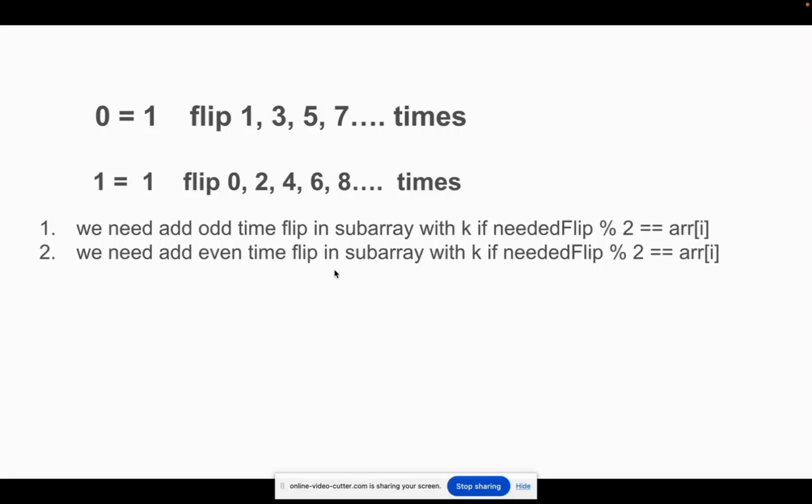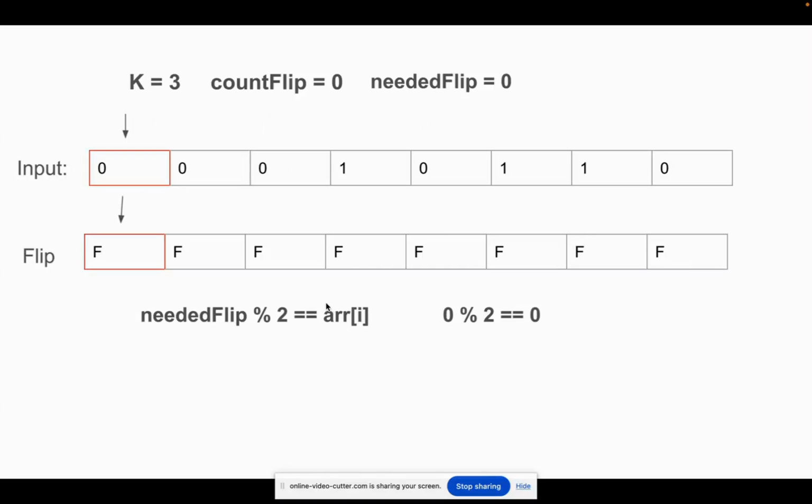Now, let's go to the next. Here we have a pointer and 3 variables, and k. We know the subarray is of size k, so there should be 3 elements in this window. The conflict is the result, meaning how many times we flip.